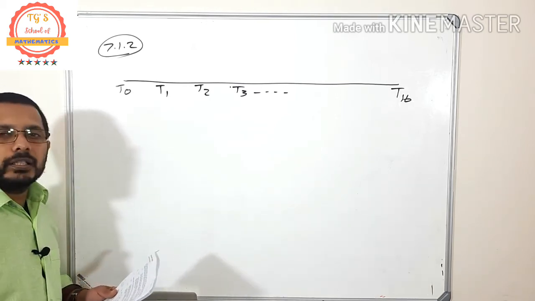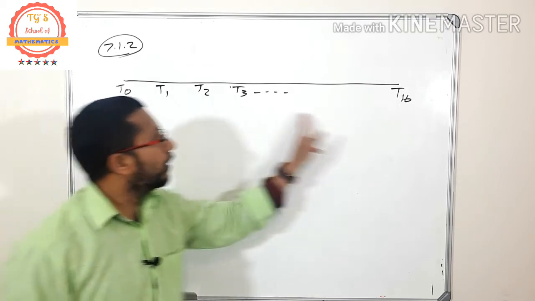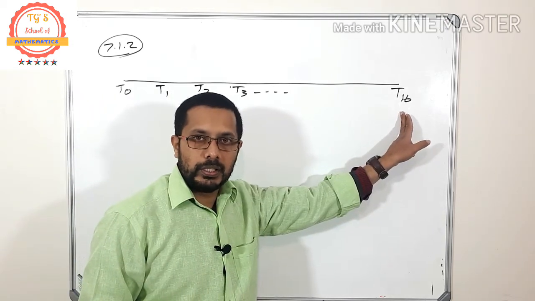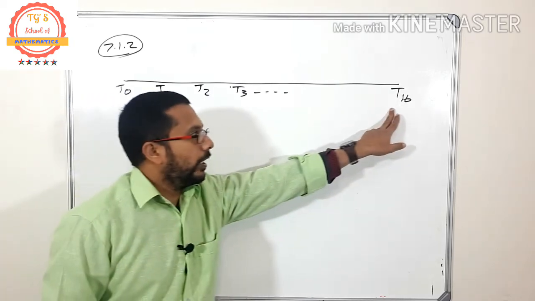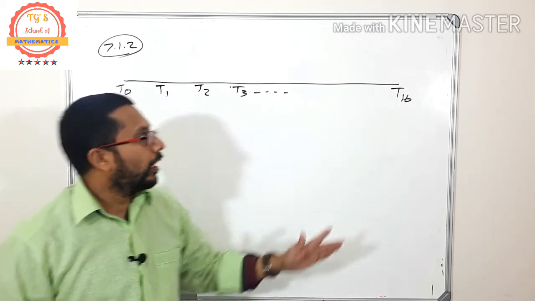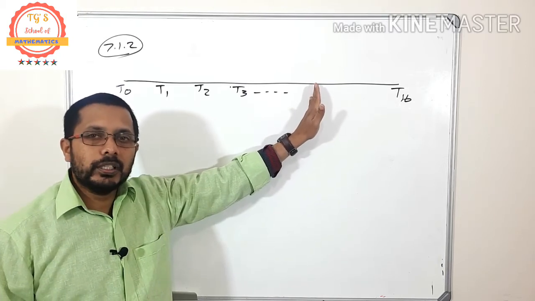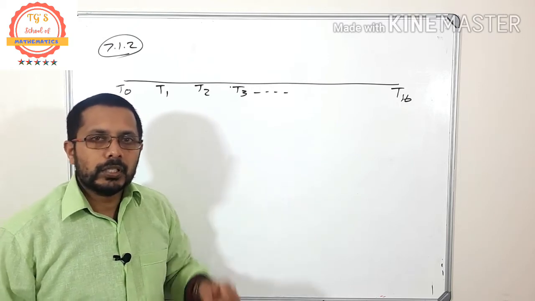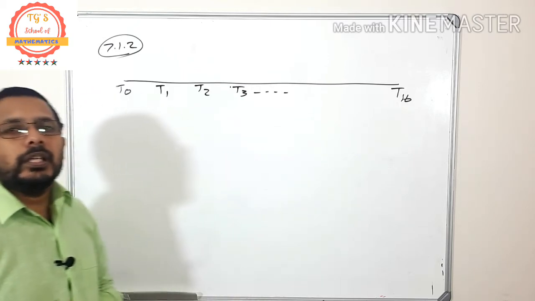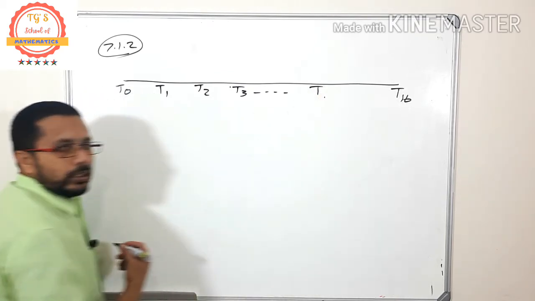Total how many years here? 4 years. T16 means 4 years. But what she did after 3 years, somewhere here, she withdraws 100,000 from that saving. So 3 years means T of what?